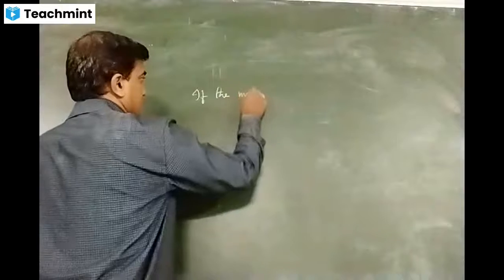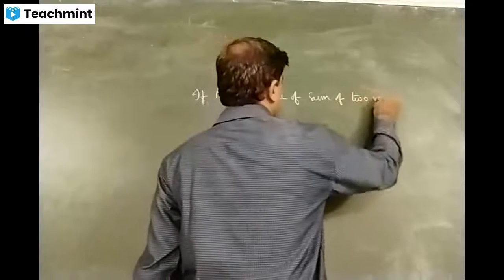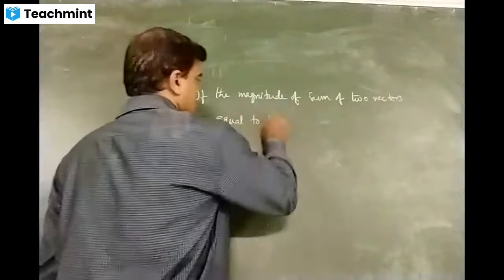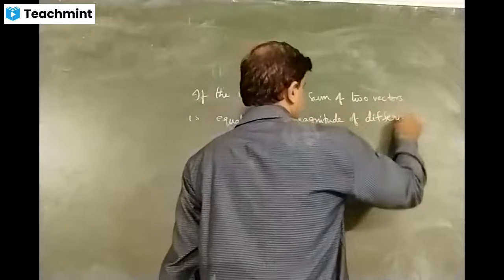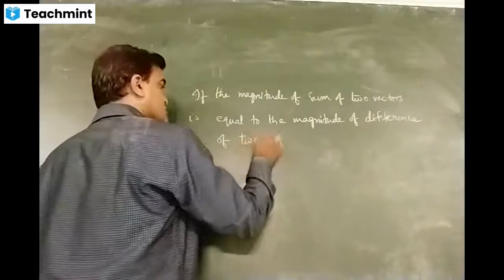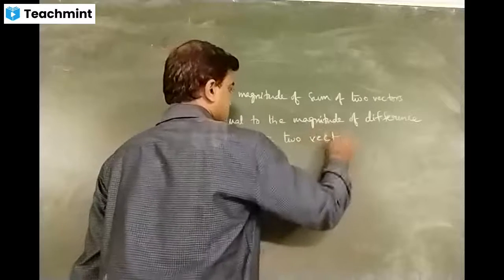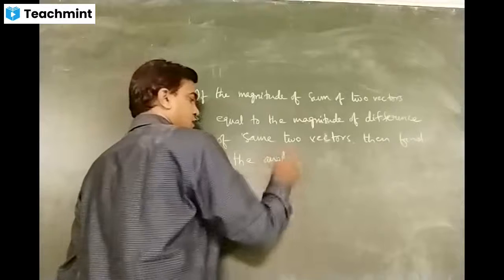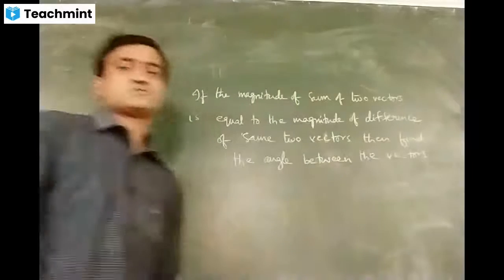I repeat: if the magnitude of the sum of two vectors is equal to the magnitude of the difference of the same two vectors, then find the angle between the vectors. This is the question.